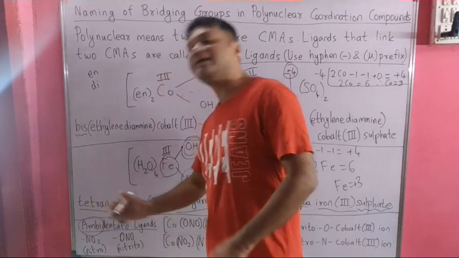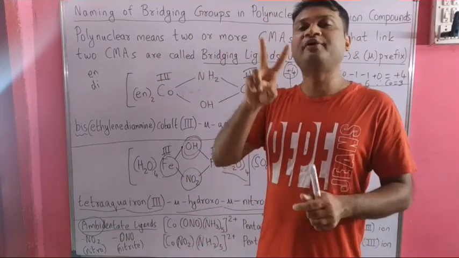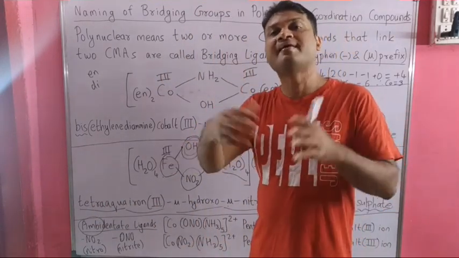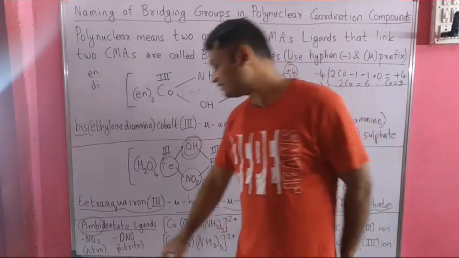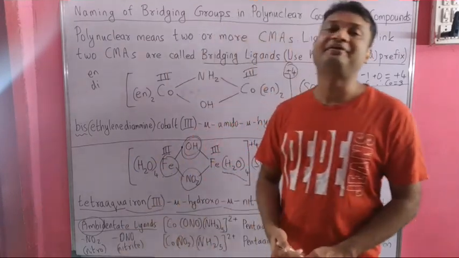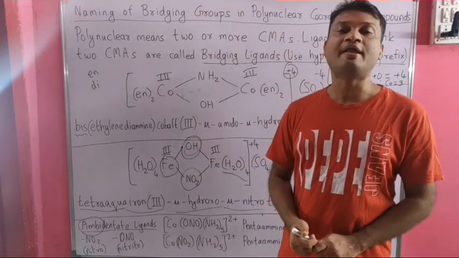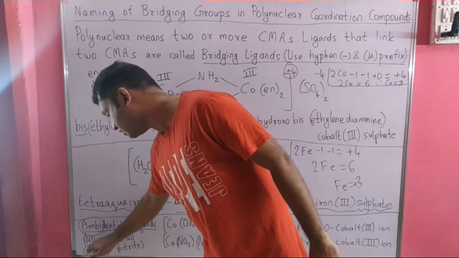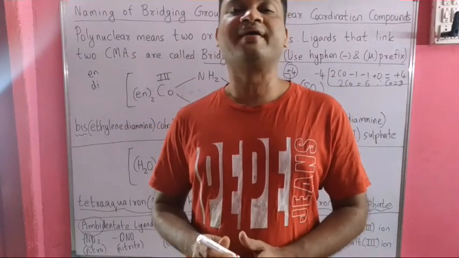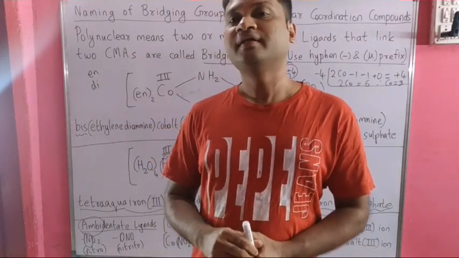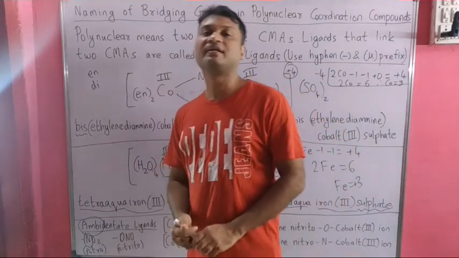Similarly, ambidentate ligands are those ligands which can donate a single lone pair through two sites. For example, we have nitro group and nitrite group. Nitro is NO2, nitrite is ONO. If nitrogen donates a lone pair to form a coordinate bond, then we have nitro as the ligand.